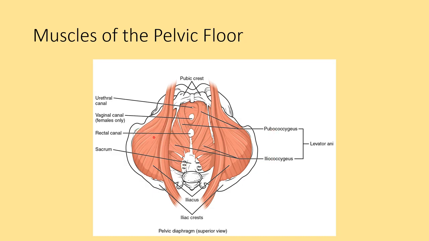In terms of reference points, here's the rectal canal, which opens up at the anus. Over here is the urethral canal, so the urethra is going to be passing right through here. And then for females, this is the vaginal canal.